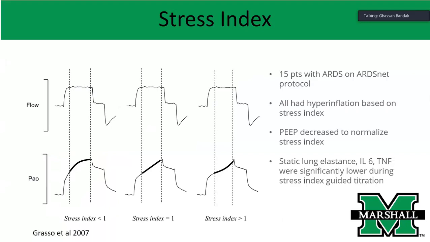And in order for you to evaluate the stress index of the lung, the flow has to be constant. If you look at our vents, the flow scalar in most of them is decelerating. So you have high flow at the beginning and it slows down. Okay? When you want to evaluate the effect of increasing pressure on the lung stress, you have to have constant flow, so that the only variable is the buildup of pressure within the lung.